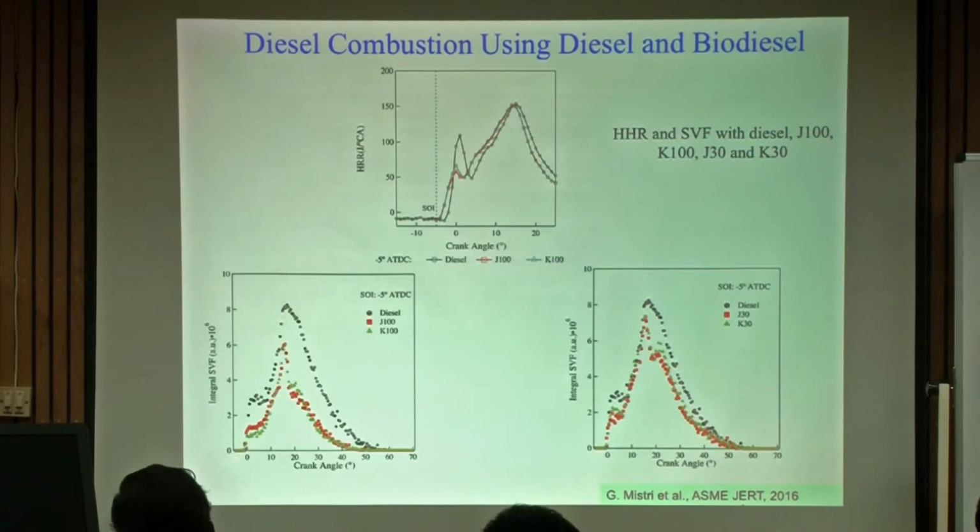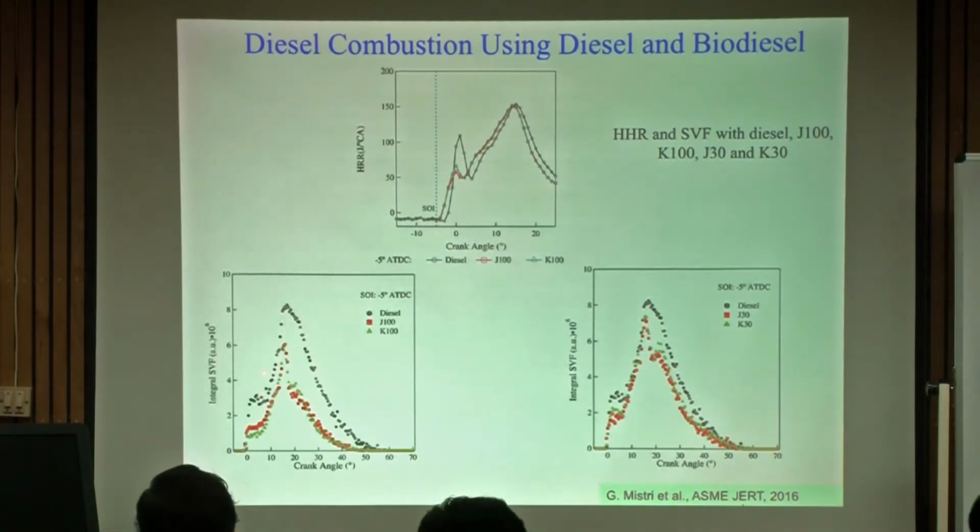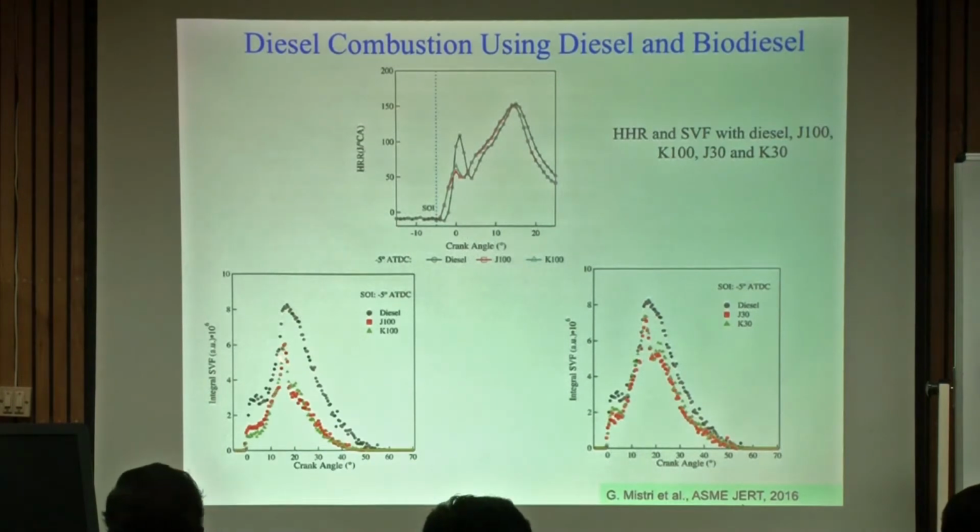This is plotted versus the crank angle. You can see it starts making soot when the ignition occurs. After ignition, at around 0 degrees, you have premixed combustion and the soot starts forming. And then of course there is oxidation in the later process.